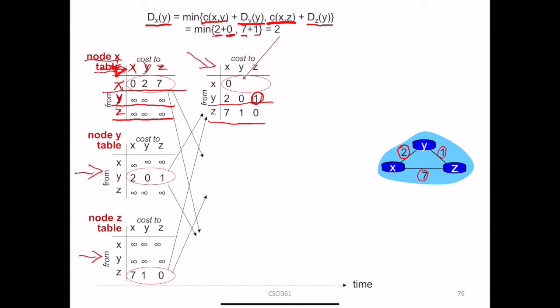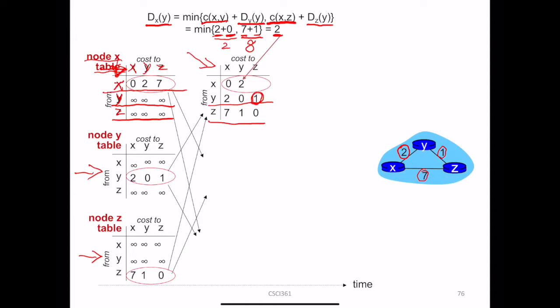Therefore, after the calculation, this combination will be equal to 2, and this one equal to 8. So the smaller one is still 2, which is directly from X to Y. Therefore, we will leave 2 here.